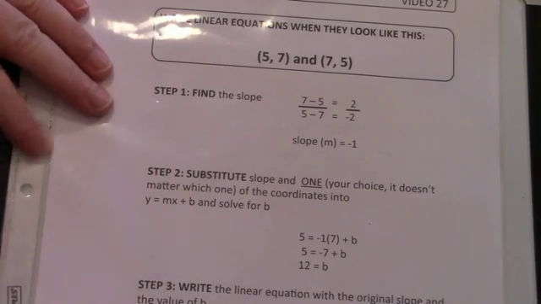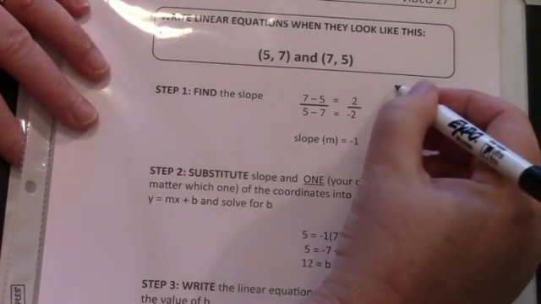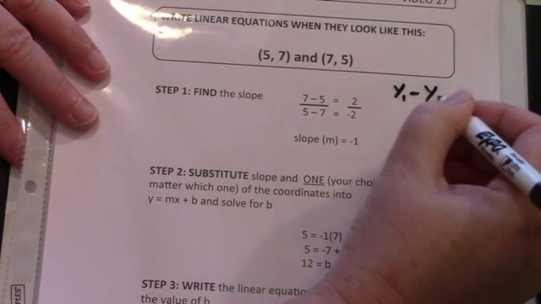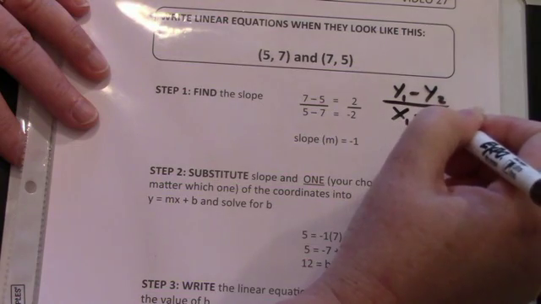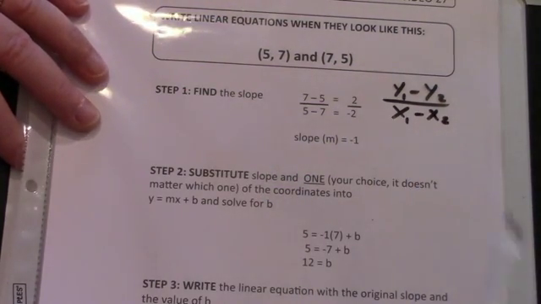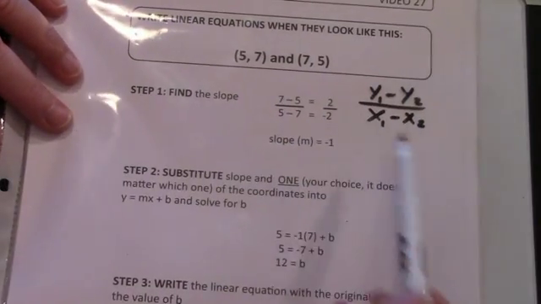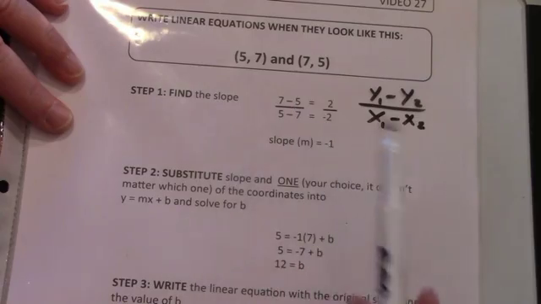I'll just write it on the side for you. We take our y values and subtract them, and we write those over our x values and subtract them. And we will have our rise over run and get our slope. So according to this formula, we're simply going to substitute our numbers in.